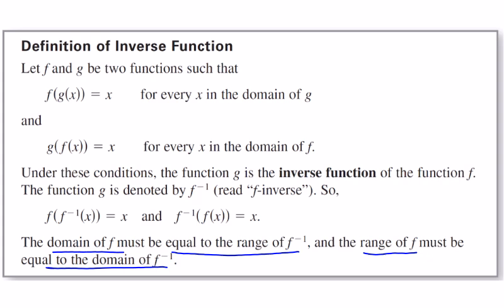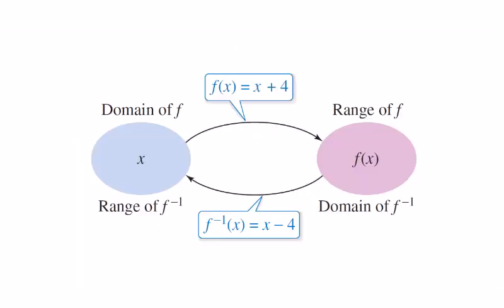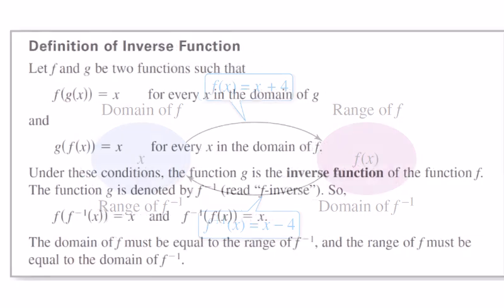So again, just like we saw before, the domain and the range flip, right? The domain of f becomes the range of f inverse, and the range of f becomes the domain of f inverse, okay?